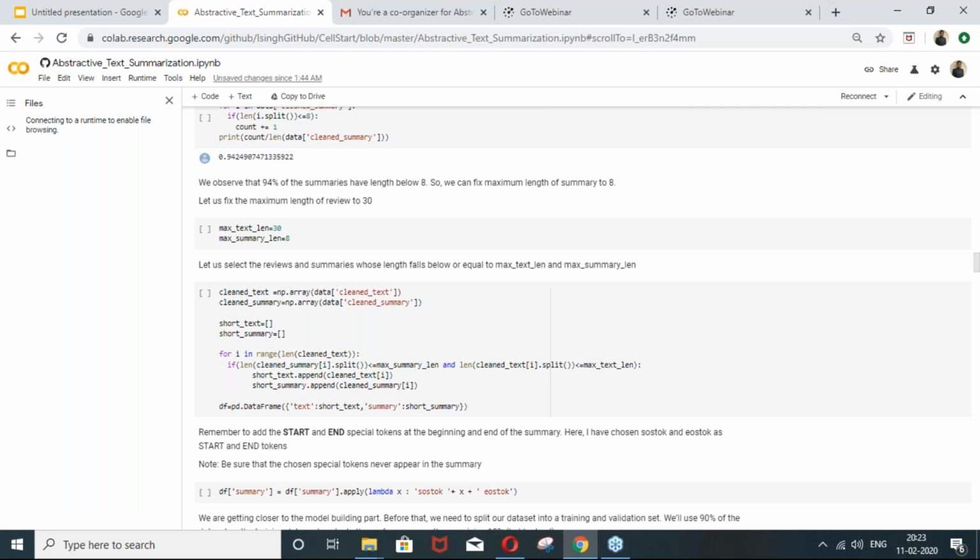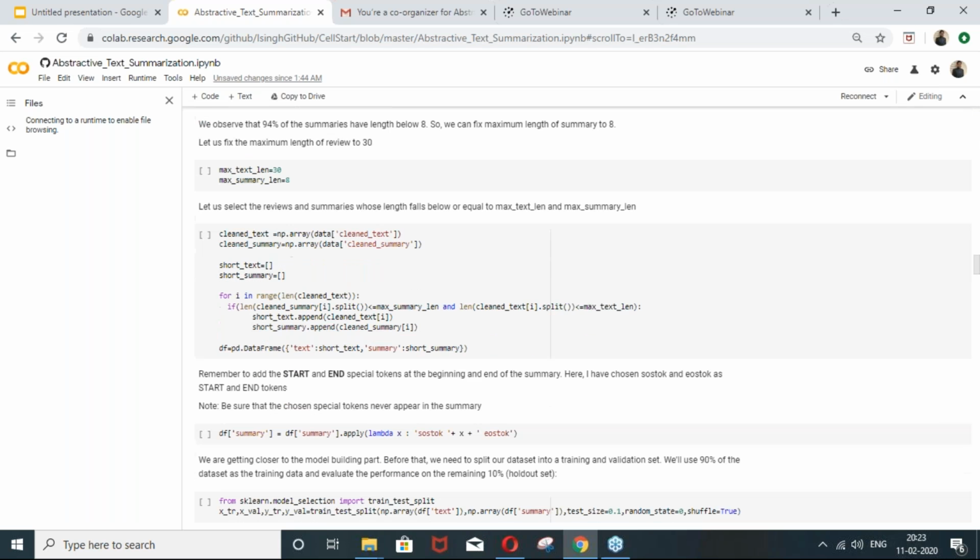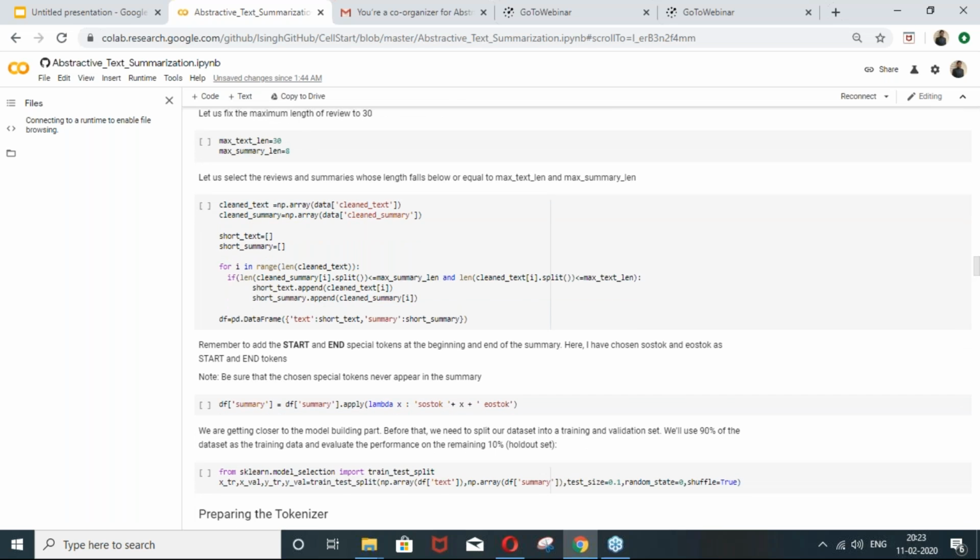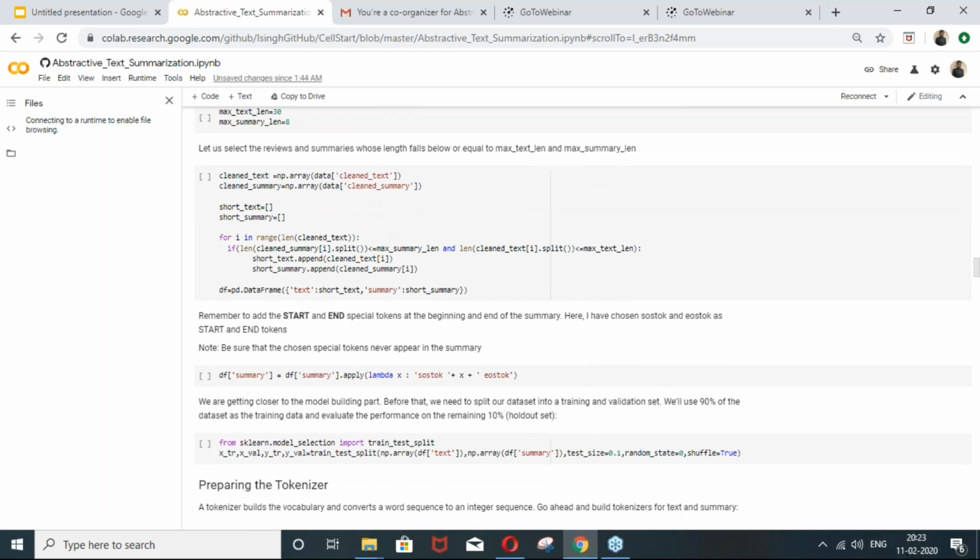But make sure the word you attach to the start and end of the summary is a unique word, not something that already exists in the text. So I have chosen sostok and eostok, two words which act as our start and end tokens. We will apply it to our whole summary part.